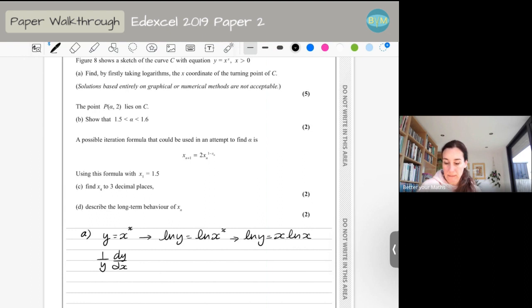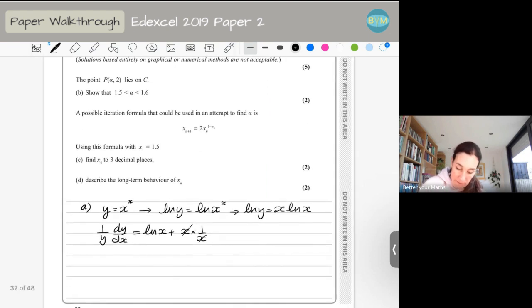And then, for the second part, I apply the product rule: derivative of the first, 1, multiplied by the other, ln x, plus the first, x, times the derivative of ln x, which is 1 over x. So I have plus x times 1 over x, that cancels and is 1.